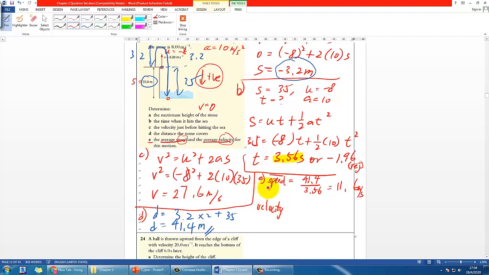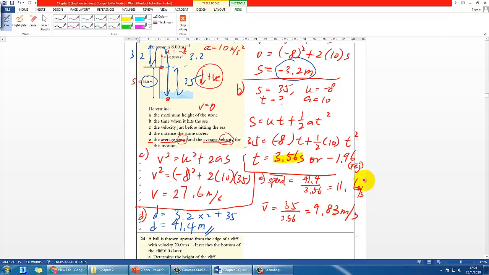For velocity, actually I could use V. So V bar is simply the displacement, which is 35, because we neglect whatever happened in between. We just care about the initial point and final point, divided by the time, which we found earlier. Using the calculator, we can find it's about 9.83 meters per second.